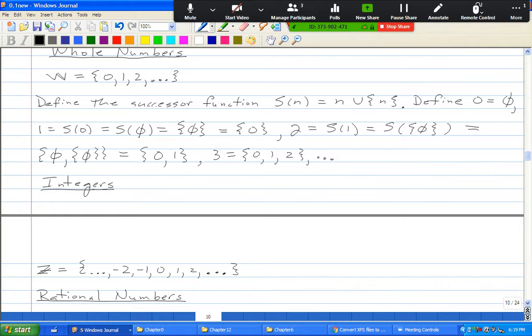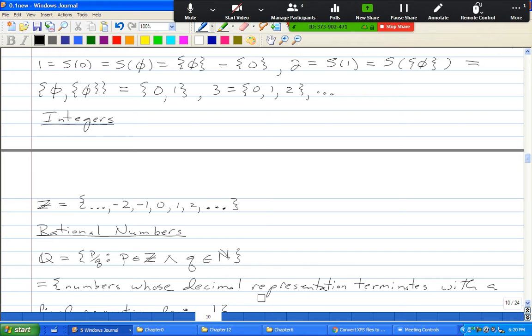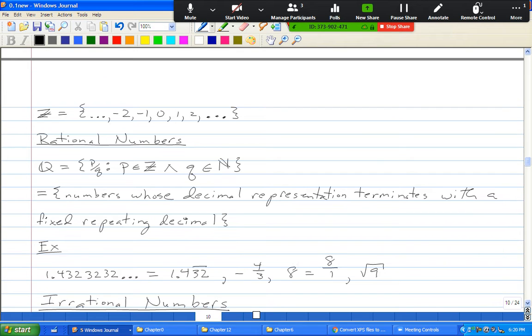Okay, rational numbers. Rational numbers are denoted by the letter Q, from the Latin word for quotient. It's the set of all numbers of the form p over q, where p is an integer and q is a natural number. Basically, I just don't want to divide by 0. So these are numbers whose decimal representation terminates or eventually repeats.